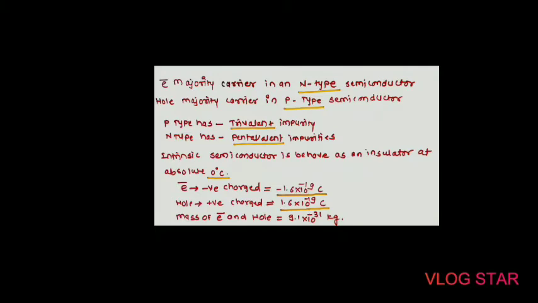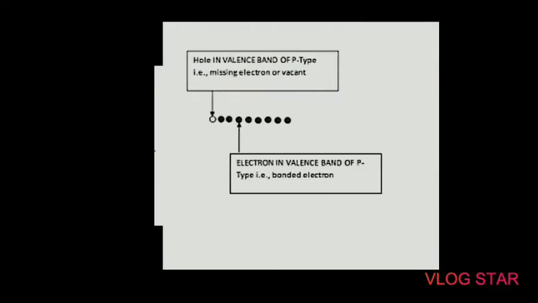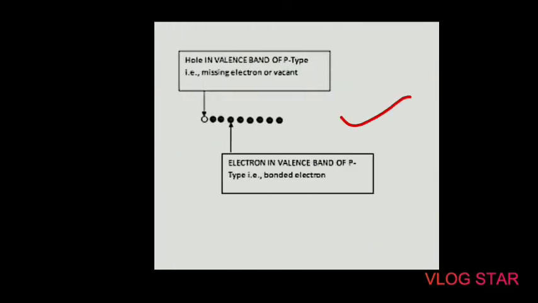My dear friends, a hole is said to be the absence of an electron in the valence band. Then the question is, how will a physically non-existing element have mass and charge? This can be understood with the help of this figure.